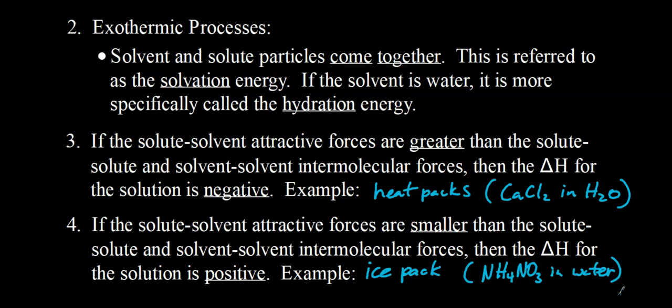So that's step A and step B. And then those solute and solvent particles exhibit attractions towards each other, and the formation of those attractive forces releases energy. So notice that step C is greater than the sum of steps A and B, meaning more energy is released than is required. Therefore, the dissolving of that substance would be exothermic, and delta H is negative.